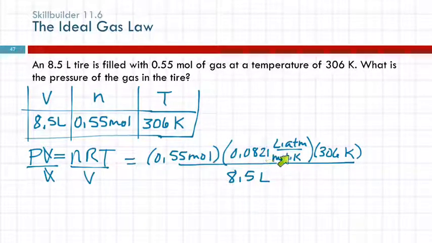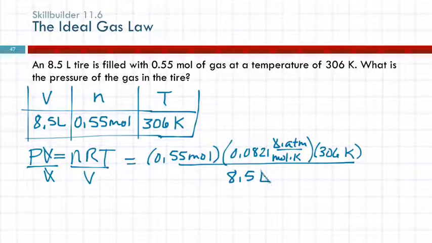Write all the units in here. Write these units as a vertical fraction, not as a slash fraction on one line. Make sure that the units are going to work out. So I have Kelvin and Kelvin, I have moles and moles, I have liters and liters.